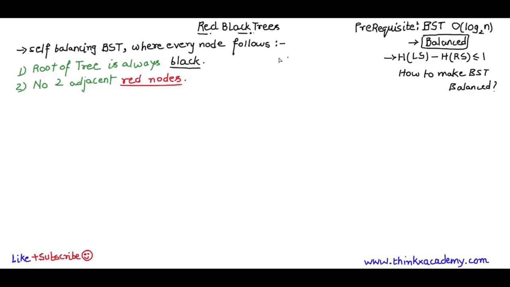The second statement basically means that if I want to construct a binary tree like this, it is not possible, because you can see that these are two adjacent red nodes. Adjacent nodes means the parent node and the child node are adjacent to each other, so both of them cannot be of red color. This is the second rule that we have defined.